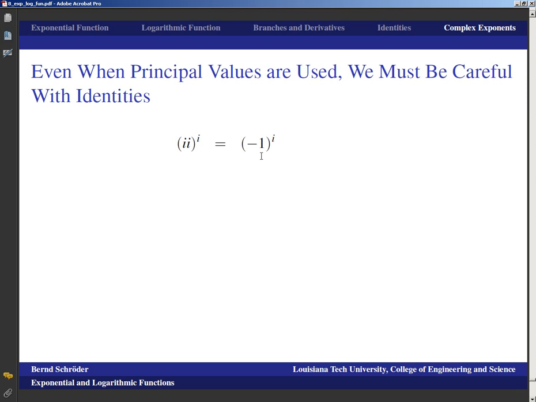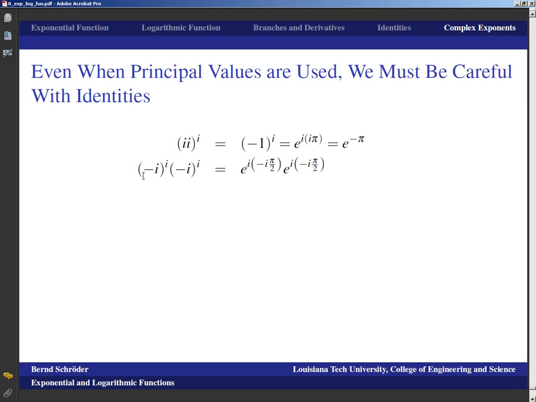Well, we know that that's negative 1 to the i, and negative 1 is e to the i pi, so this is e to the i times pi, and that's e to the negative pi, whereas negative 1 to the i times negative 1 to the i, it's tempting here to just say that that's negative 1 times negative i to the i, which is negative i times negative i to the i, which is then i to the i.